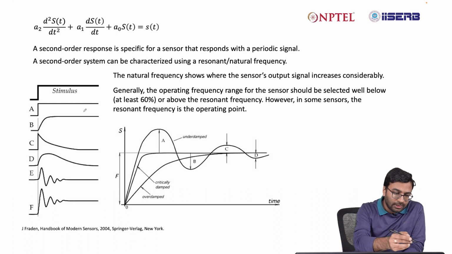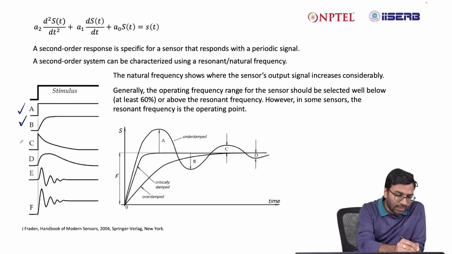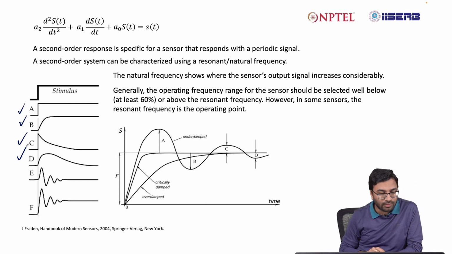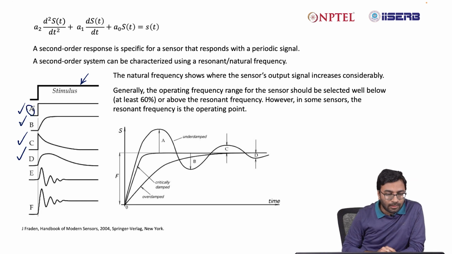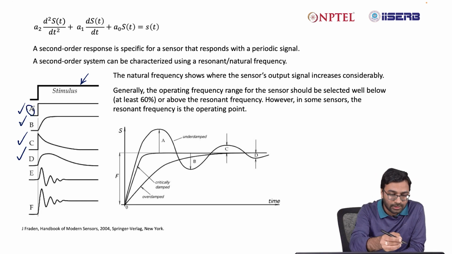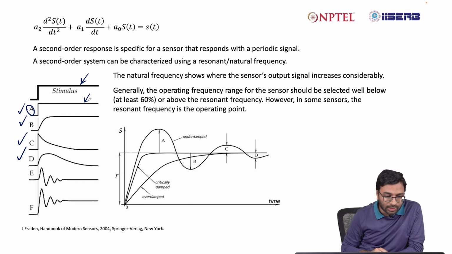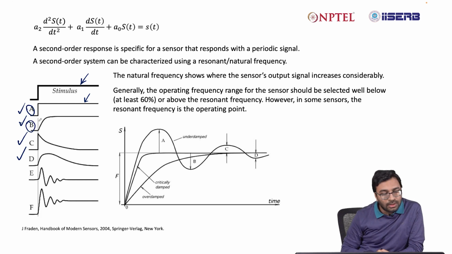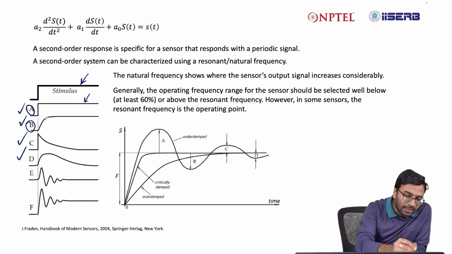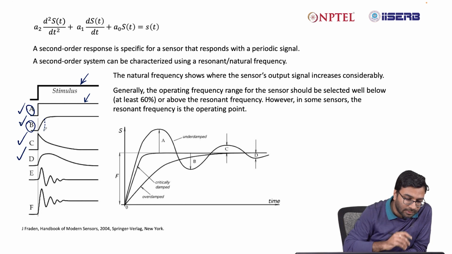So these are some of the typical responses that are shown over here. If this is your stimulus, you'll find a response which is similar to A, which is kind of similar to the stimulus itself, so you don't need to worry about this much. If you find a response which is similar to B, then it has a certain cutoff, right?